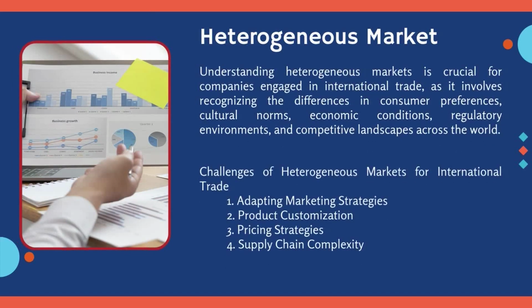Now, another important feature is the heterogeneous market. It is obvious that each country has its own culture, tradition, and own set of regulations regarding the market. As a result, as compared to trade within countries, in international trade the markets are not homogeneous. They are widely diversified, and heterogeneity is more dominant in international trade.